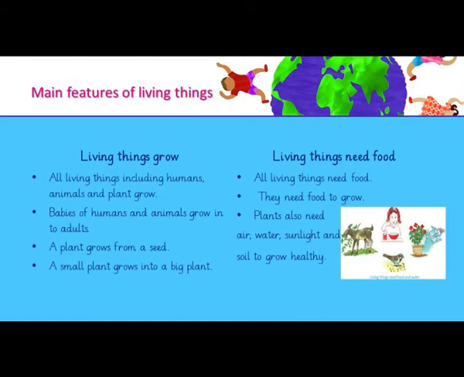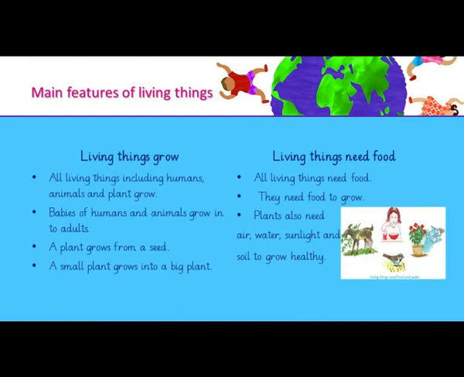This food helps them to grow taller, to grow in size. And plants also need air, water, sunlight and soil to grow healthy, to grow taller so that they can give more fruit. And human beings and animals all need food. This is their requirement because they have to grow.